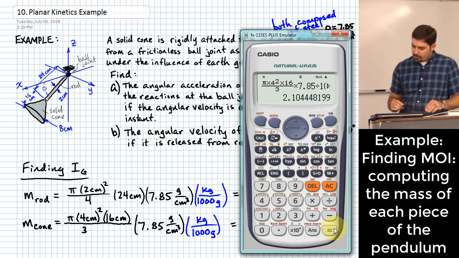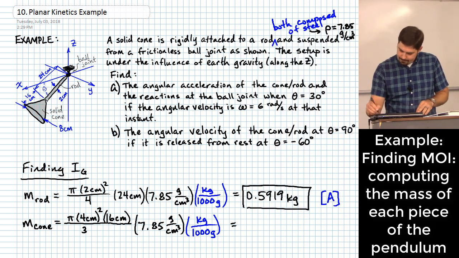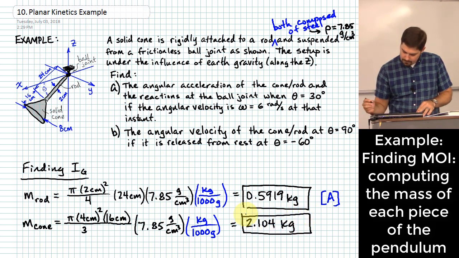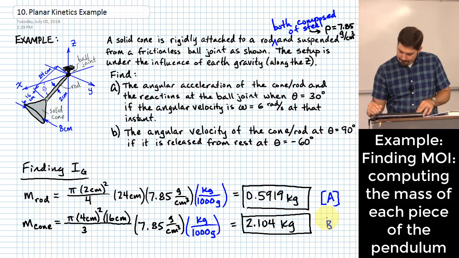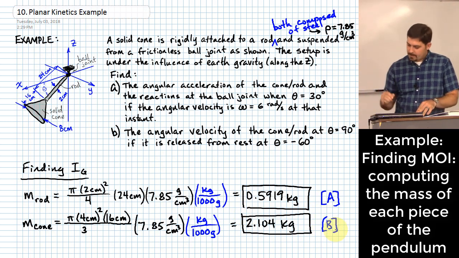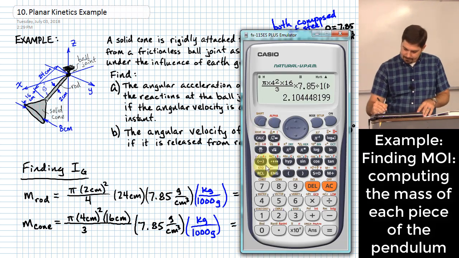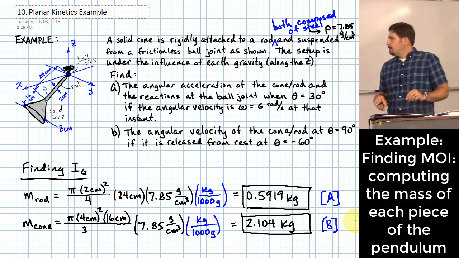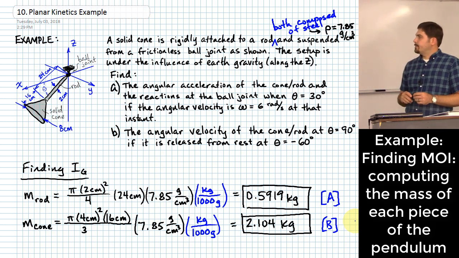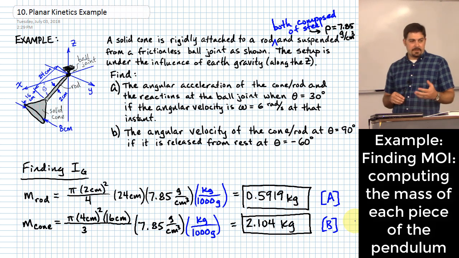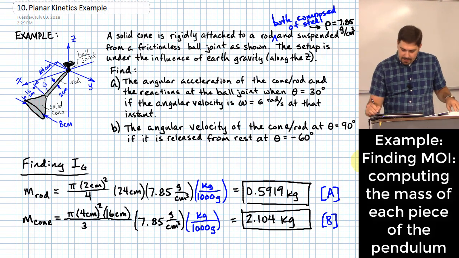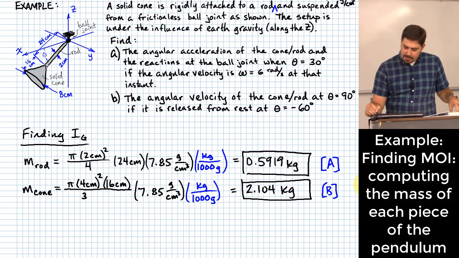This gives me 2.104. And let me put that in B. All right. So far those are just masses. Those are not actually moments of inertia yet that we're trying to find for I sub g.